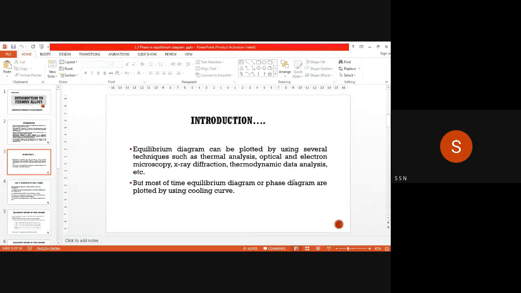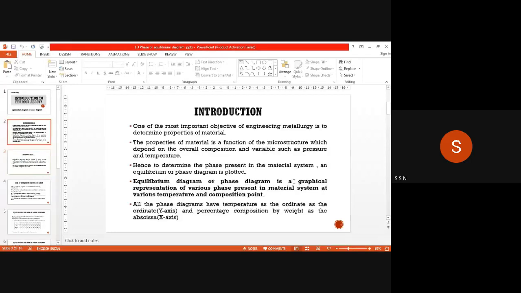But for most of the cases, the simple or basic way to draw the equilibrium diagram is by using the cooling curves. Firstly, we will have the cooling curves. We know from the previous lecture that we have seen cooling curves.